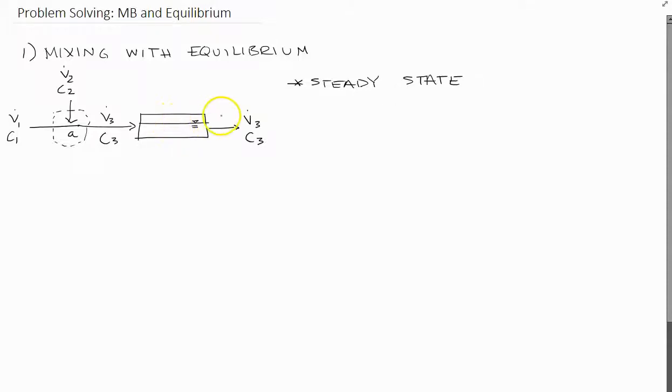However, let's say this has been going for quite some time. The liquid is totally in equilibrium with the headspace, and so it's not losing any additional C to the headspace in this steady state problem. So we have both a steady state system and this is totally in equilibrium.